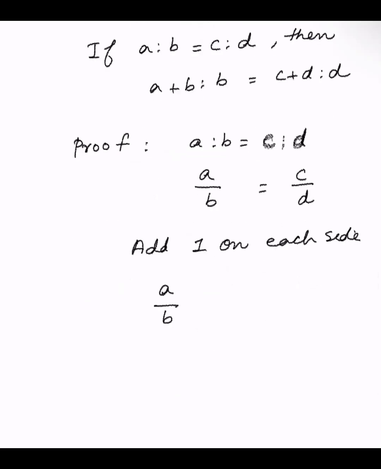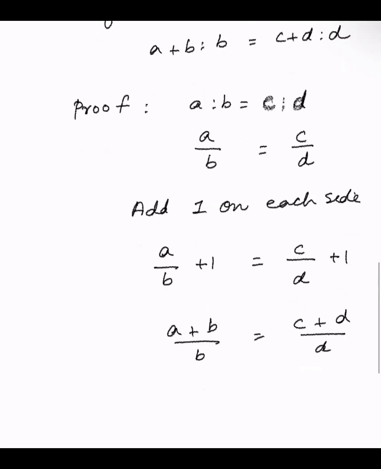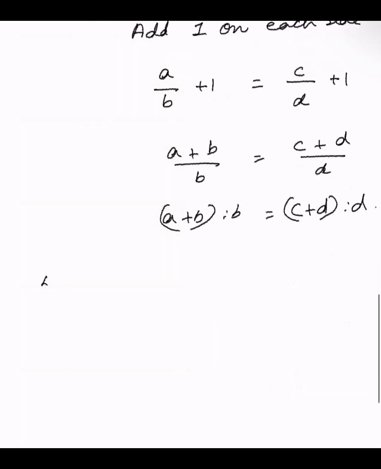This will be A by B plus 1 equal to C by D plus 1. Now cross multiply, you will get A plus B by B equal to C plus D by D. You got it, right? A plus B is to B equal to C plus D is to D. That's all.